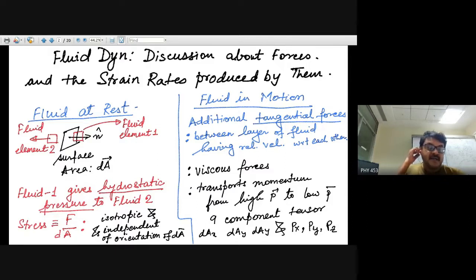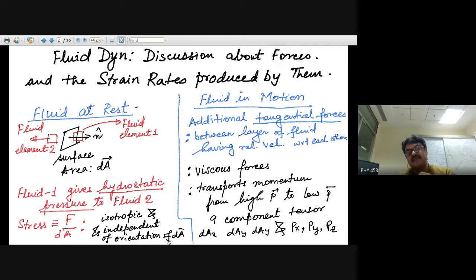And if there's a force acting on the surface area, the stress is the total force acting per unit area, and that's the pressure. If the fluid is at rest, this hydrostatic pressure is isotropic, the same in all different directions, and independent of the orientation of dA.